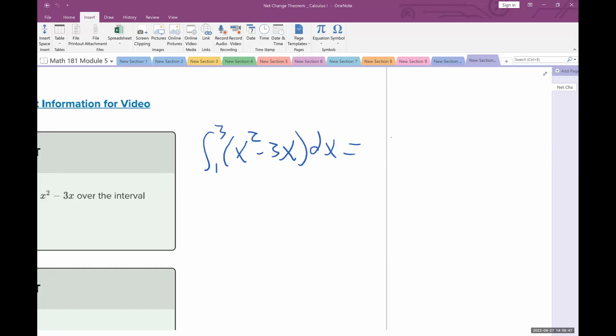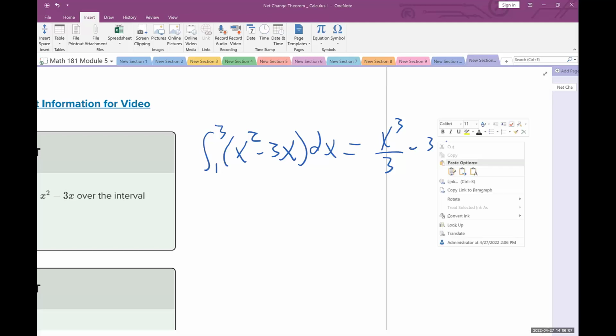Add 1 to the power: x cubed over 3. So it's x cubed over the new power. Then minus, what's next? 3x, that's an x to the 1.